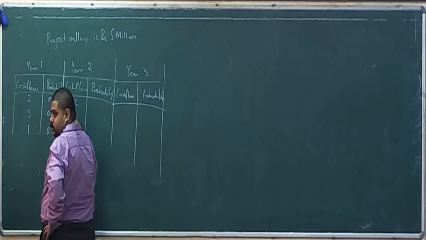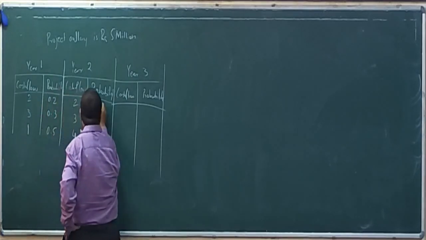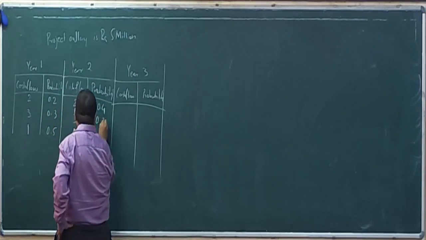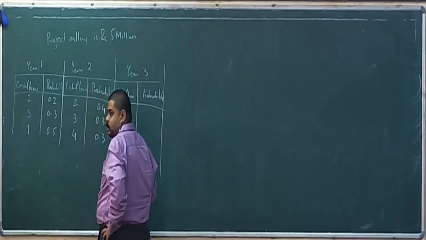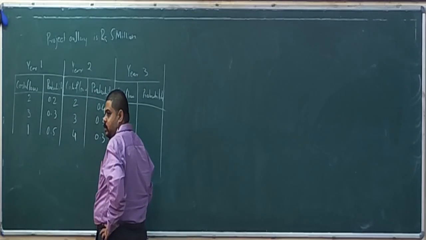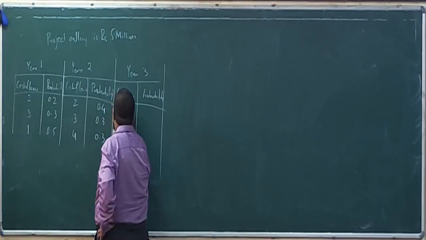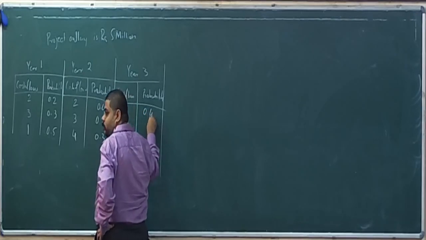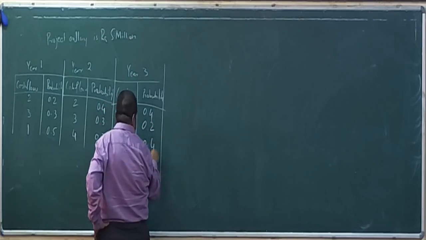Second year: 2, 3, 4 with 0.4, 0.3, and 0.3. Third year: 1, 2, and 4 with 0.4, 0.2, and 0.4.